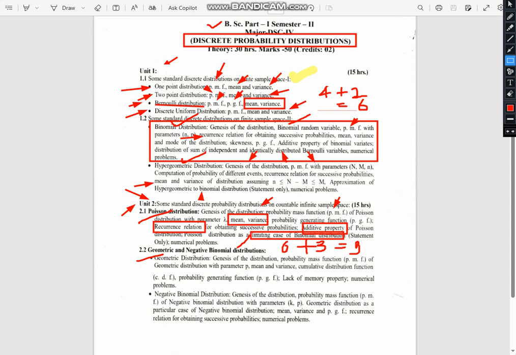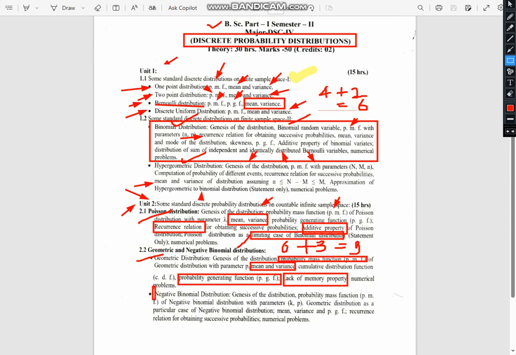And what is included in the geometric distribution? The probability mass function of the distribution, mean and variance of the distribution, probability generating function, lack of memory property, and some numerical examples related with the geometric distribution.